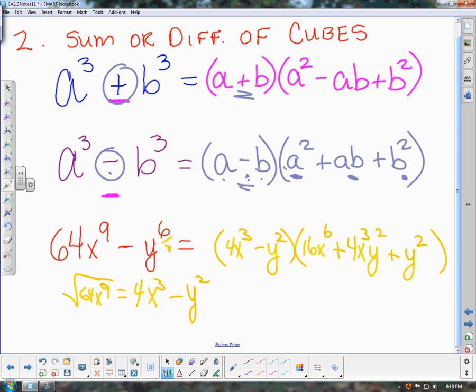And so there is the factoring of perfect cubes that are either the sum or the difference.